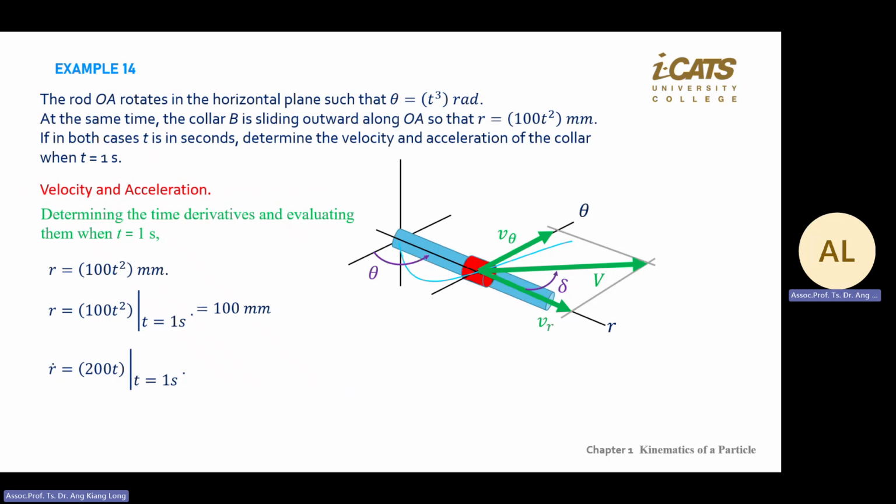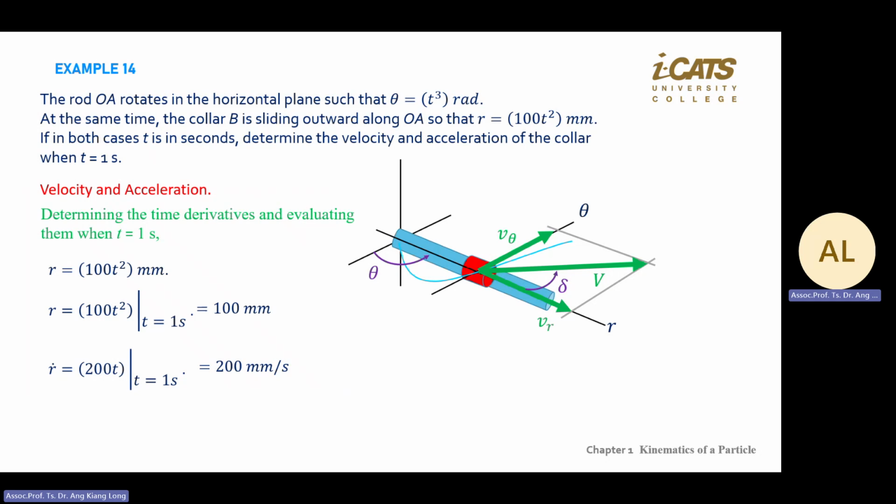Who doesn't understand why 200t? Anyone have a question? Why is R dot equal to 200t? Okay, understand? So this one, 100 mm per second, is when you substitute 1 second inside. That's for later. But what's important is that you understand you need to get R and R dot.